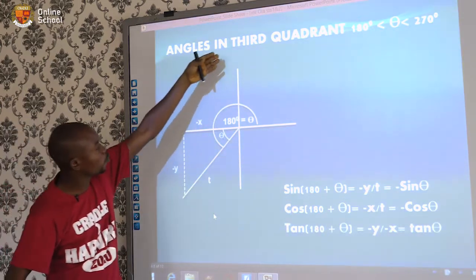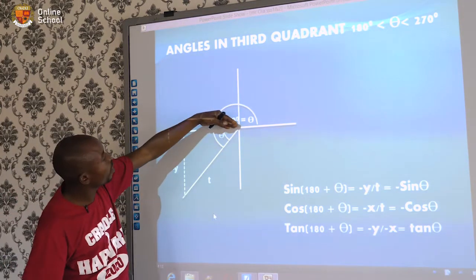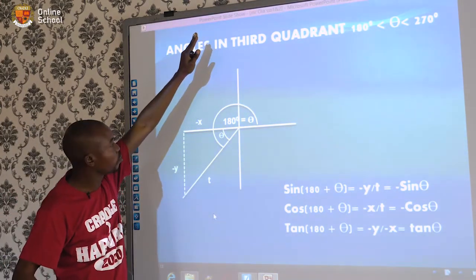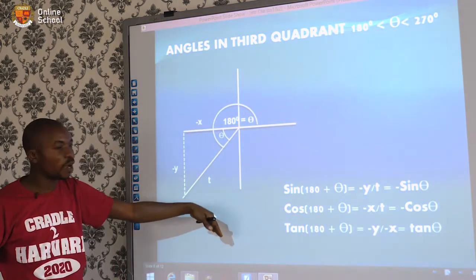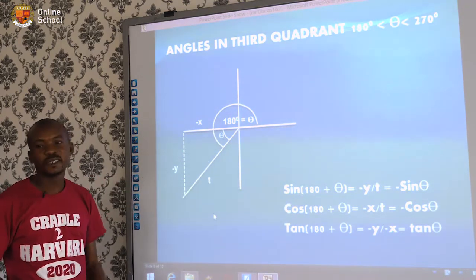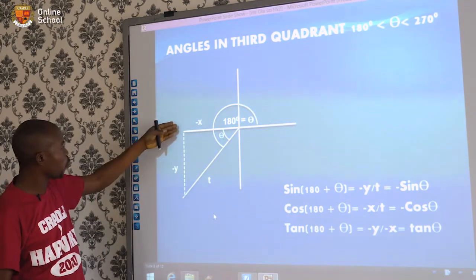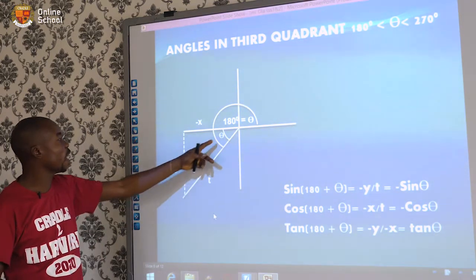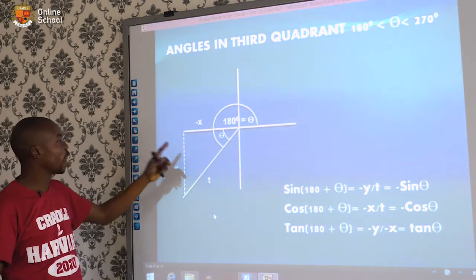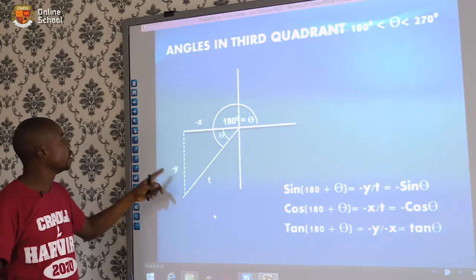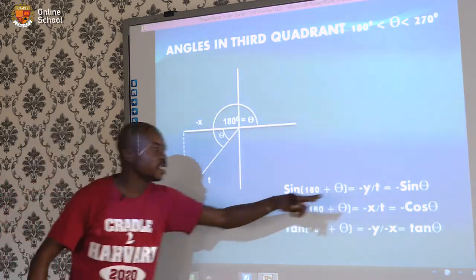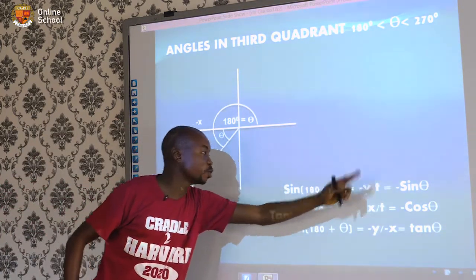This is the y-axis: y towards the north is positive, and coming down to the south is negative. So the value of y here is negative. Opposite over hypotenuse, that is y over t, is negative because y is negative. That's why sine theta is negative.